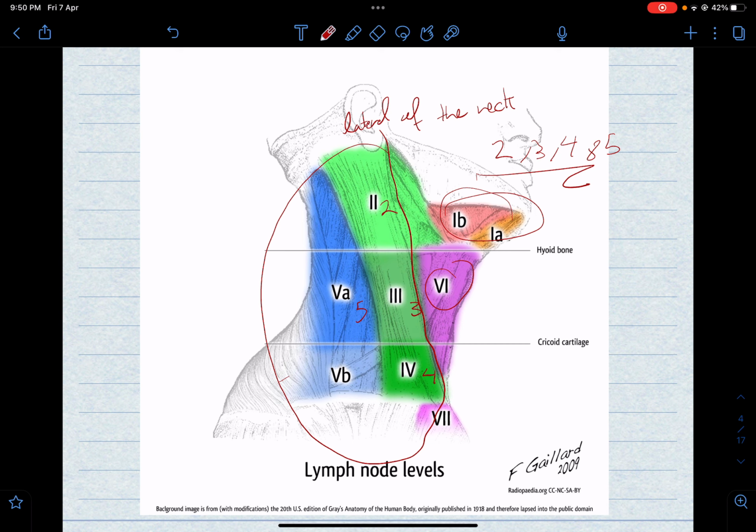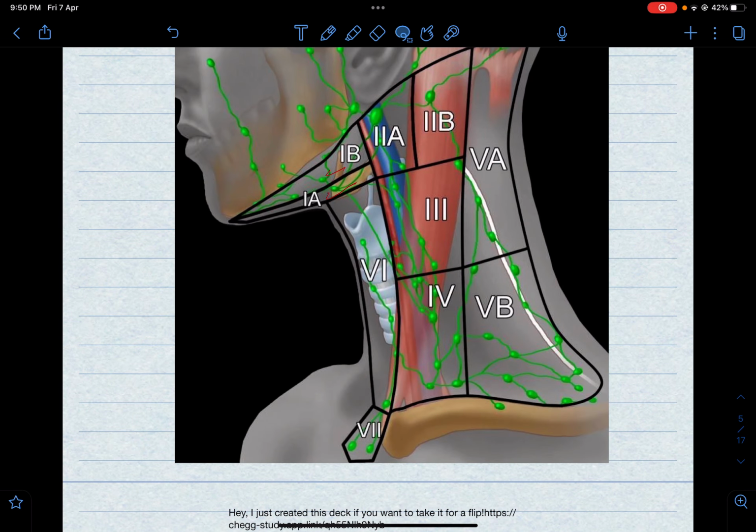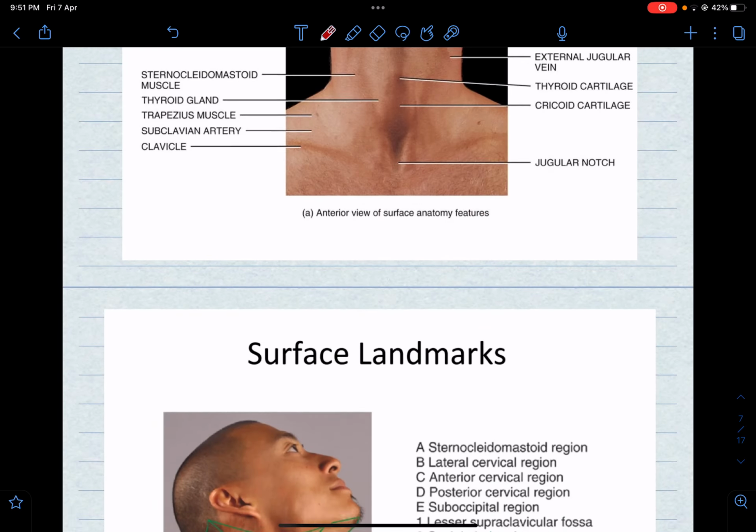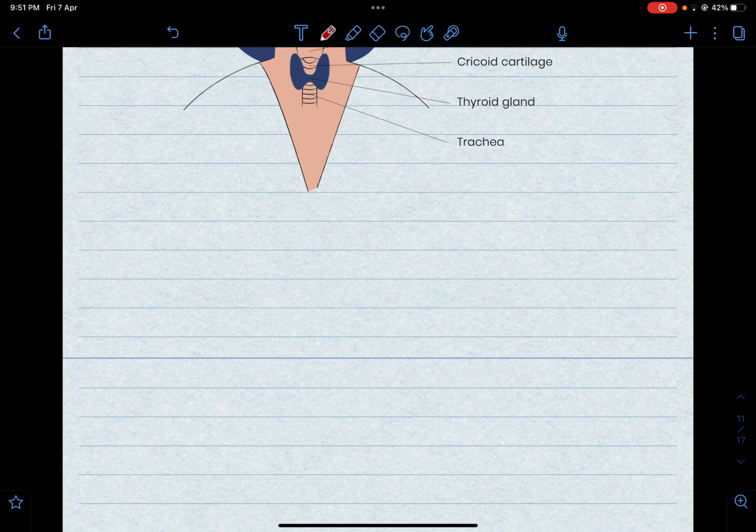So basically the lateral neck is composed of all the levels of the lymph nodes except number 1 and 6. The rest are on the lateral neck. This is again 1A, 1B, 2A, 2B, 3, 4, 5A, 5B, and 6.